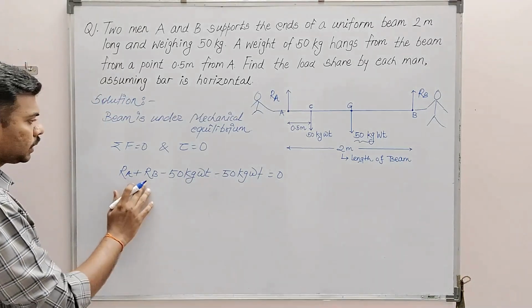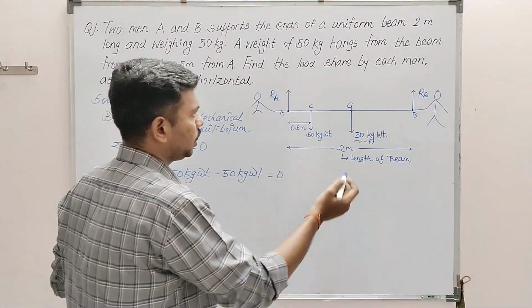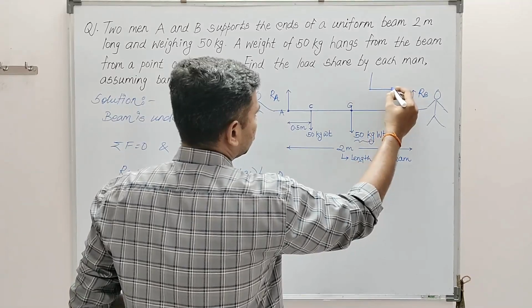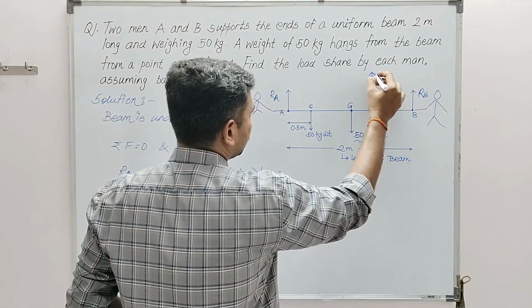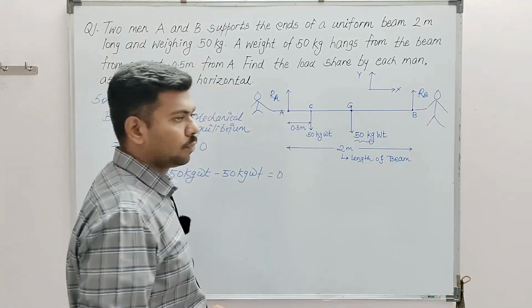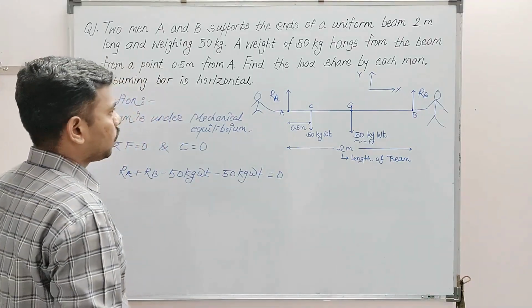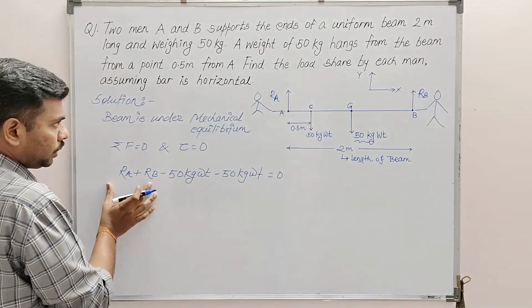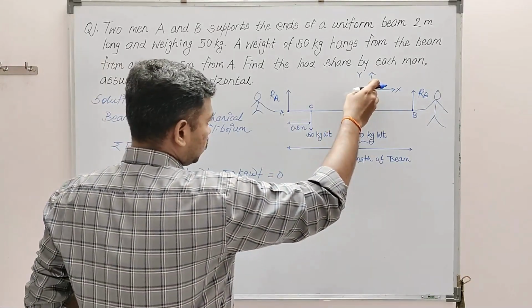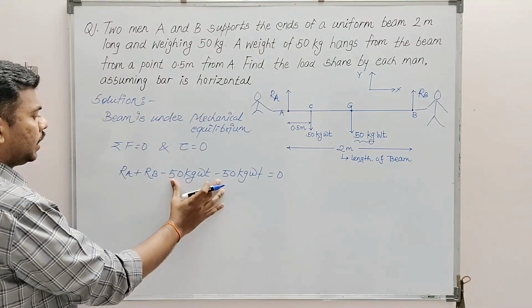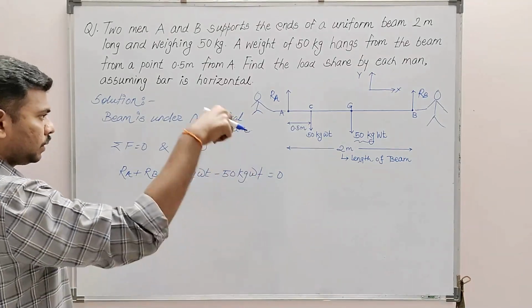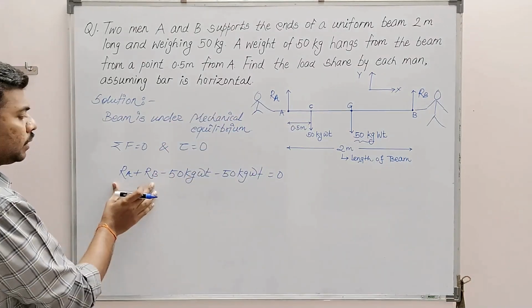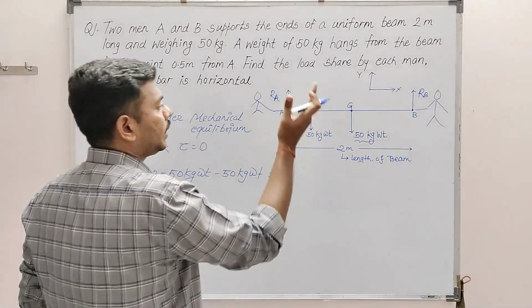Now, how this plus sign and minus signs came into the picture, as we consider this as a positive x-axis and this as a positive y-axis. So the forces along the positive y-axis are positive and the forces along the negative y-axis are negative. So these two are the forces which are acting downside and these two forces are acting upside.